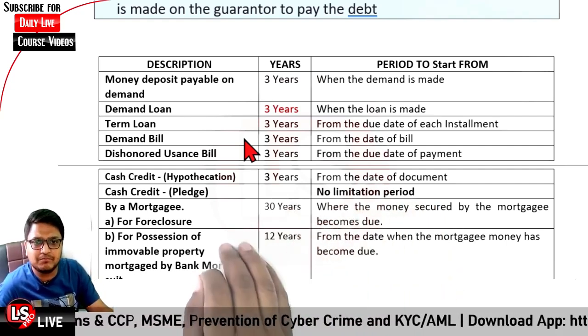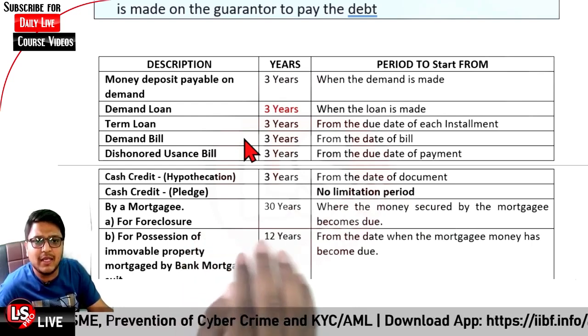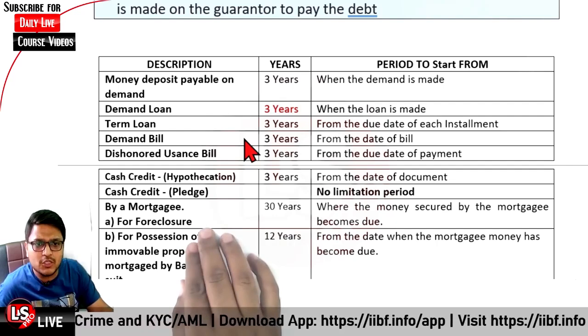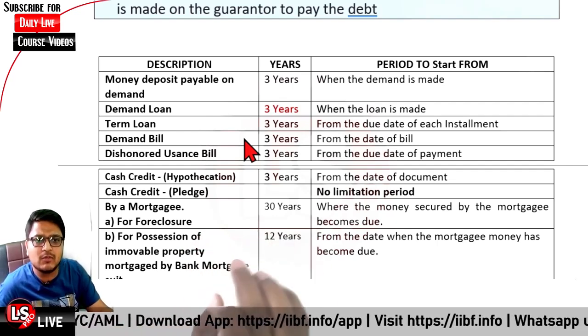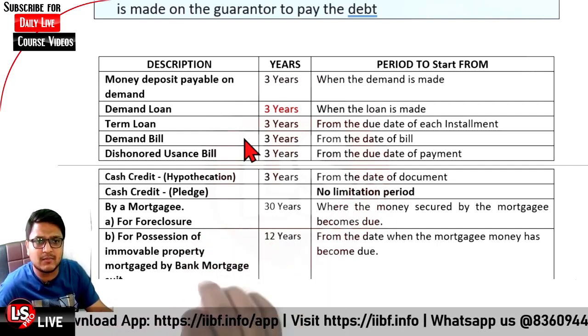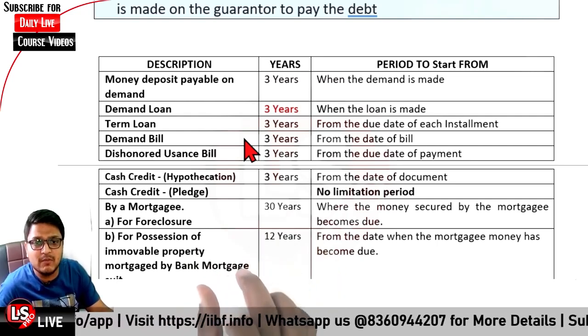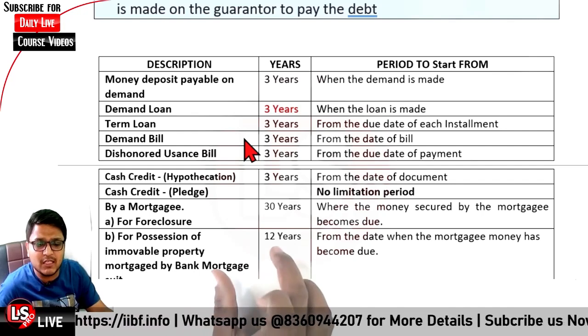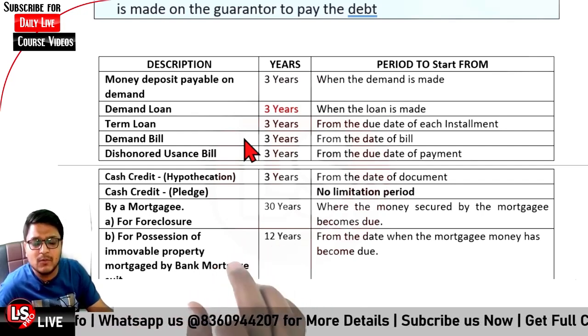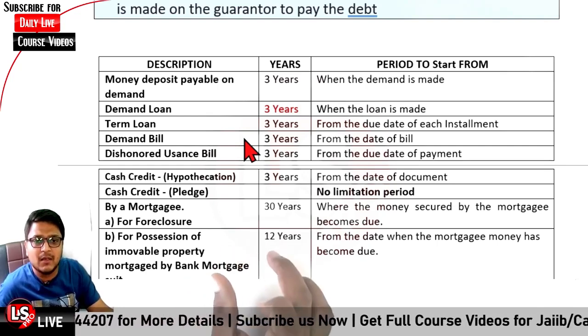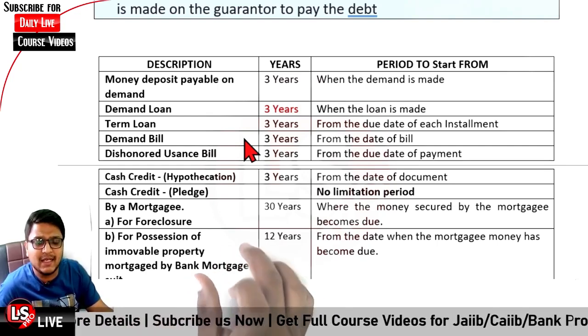And further, for a mortgage, for the right of foreclosure and the right of redemption, the limitation period is 30 years. For possession of immovable property mortgaged to the bank, the limitation is 12 years.